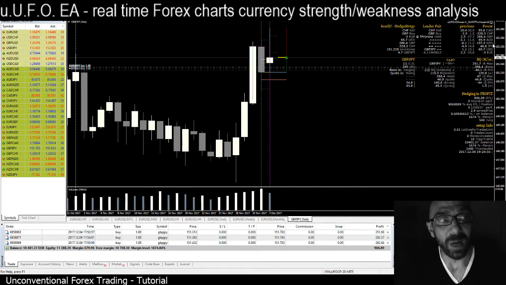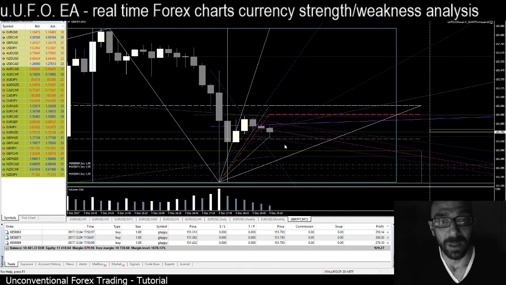So actually now we should observe GBP New Zealand dollar. There's also the Swiss franc, but the Swiss franc is very narrow in its oscillation, so I very rarely take it into consideration.